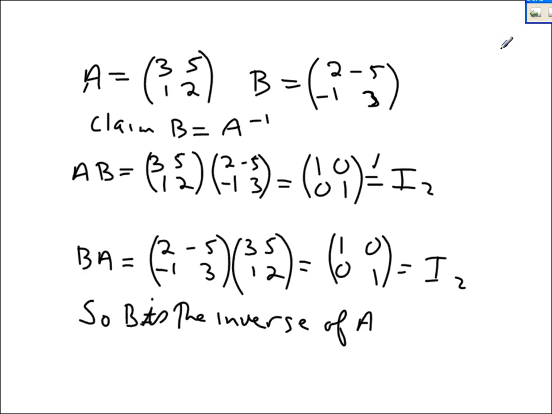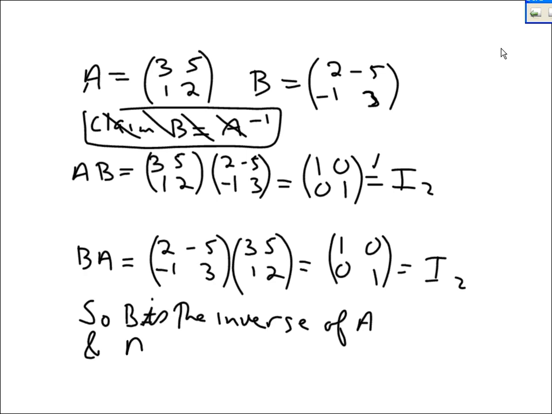Forget about this claim for a moment. I showed that AB and BA both equal the identity. We also have that A is the inverse of B. You may say, but you put A first, so we're talking about that being the inverse of A, and when you switch it around, they still both give you the identity.